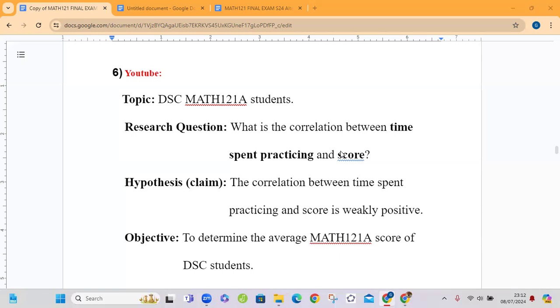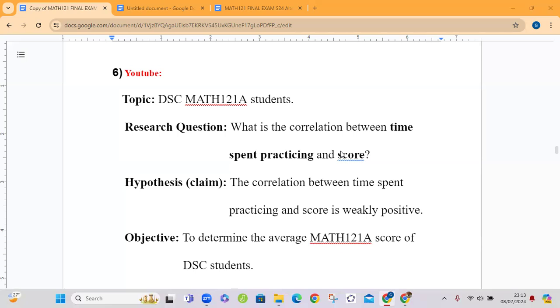But due to experience, due to past research, or for whatever reason, the researcher claimed that there is a weak positive correlation between time spent practicing and score, meaning when time spent practicing increases, your score may increase slightly, or it may be affected by a small percentage, meaning that there are other major factors affecting your score, not just the time spent practicing.